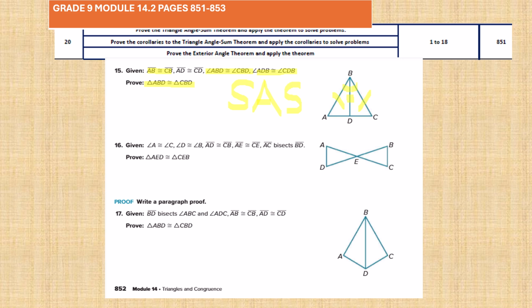So when you are writing, make sure you write all this, and your reason would be given. And then your final answer to conclude will be side, angle, side. Remember, it's always an included angle. So side, angle, side. Going to number 16 very quickly. You already know vertically opposite angles, right? And you use all your knowledge to try and solve the examples.